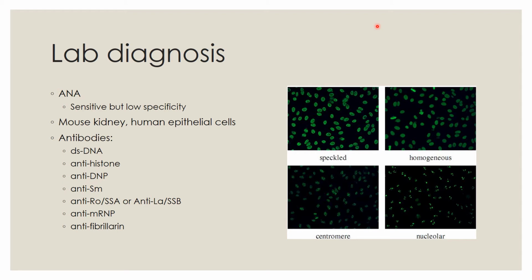So you do a screen, usually, and every hospital is different on the protocols that they use. The manufacturers usually suggest that you start at a 1:40 or a 1:80 dilution in order to test for this. Again, some hospitals have raised that to 1:160 so that we avoid those low titer positives.